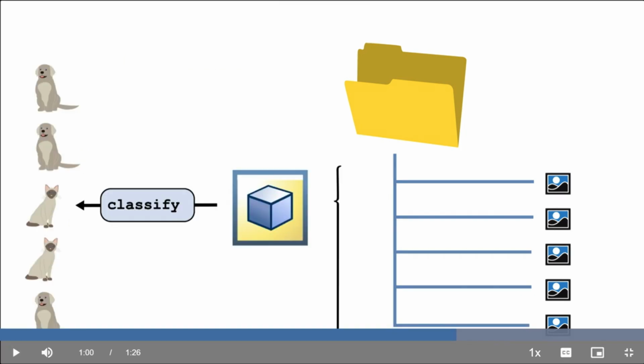CNNs in MATLAB work seamlessly with image datastores. A network can make predictions on a whole collection of images by providing a datastore instead of individual files.